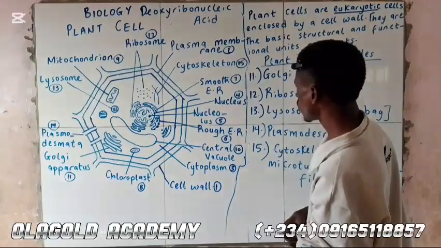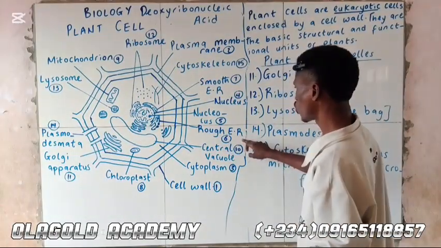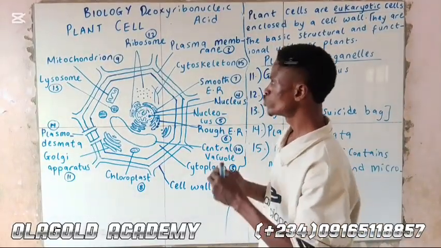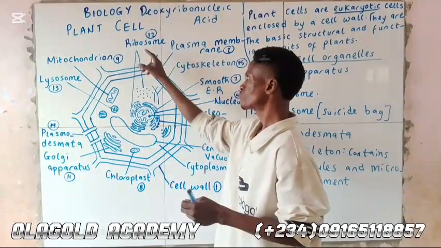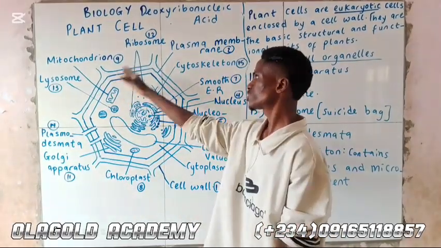Alright, number six, we have the rough endoplasmic reticulum. This one is what helps to produce protein together with the ribosome to be used outside the cell.